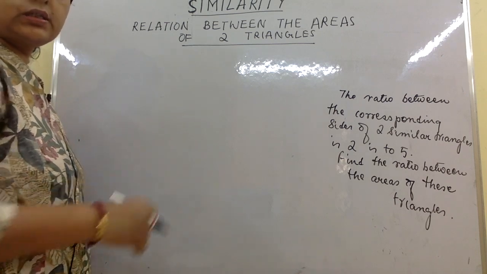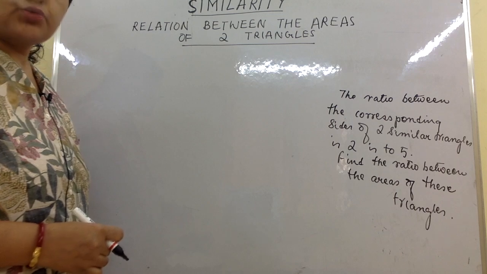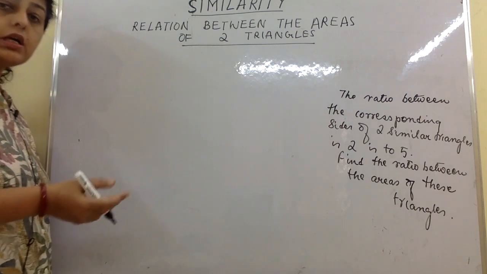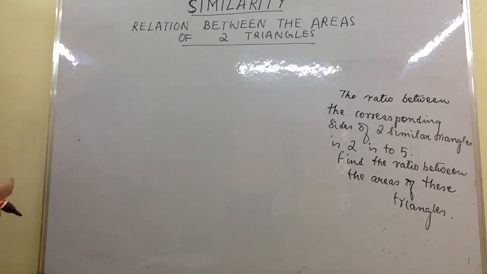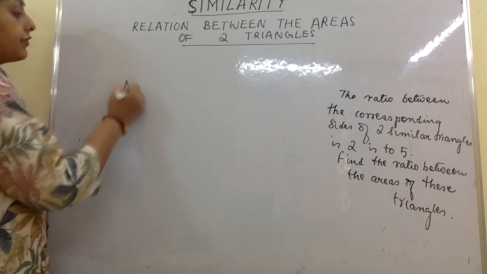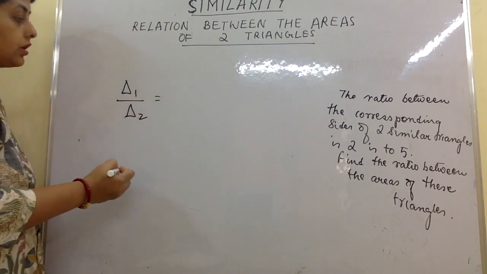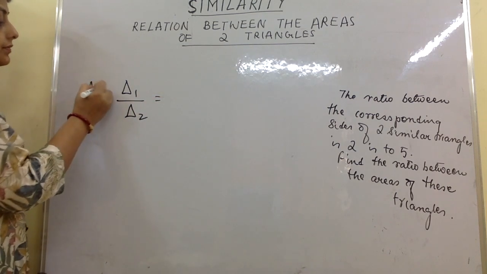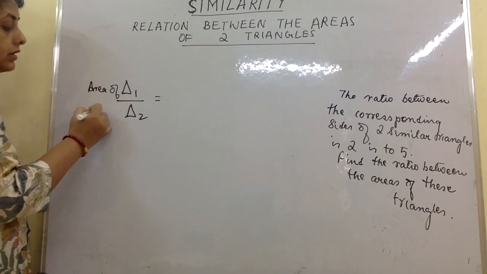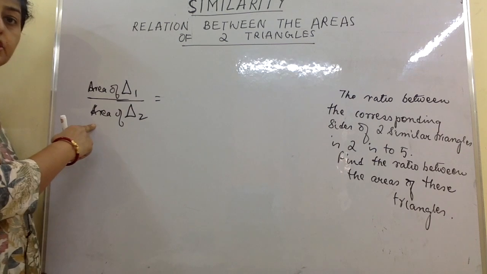So this is the first question. The ratio between the corresponding sides of two similar triangles is 2:5. Find the ratio between the areas of these triangles. So here, area of triangle 1 and area of triangle 2, this is our ratio.